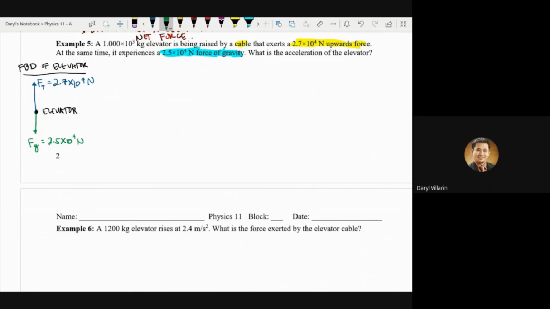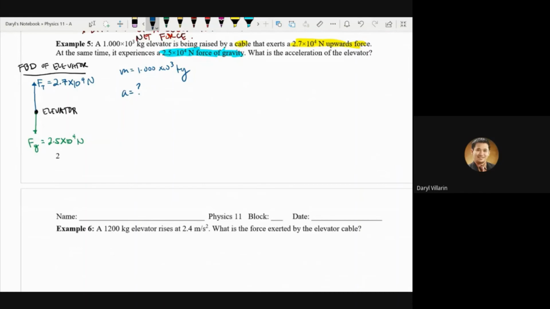Question is, what would be the acceleration? So if I'm gonna take note of the things that I know, given the mass, which is 1.00 times 10 to the power of 3 kilograms, and then I want to get the acceleration.